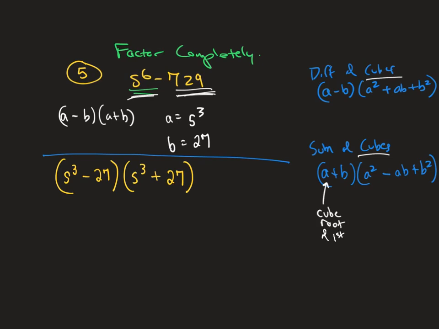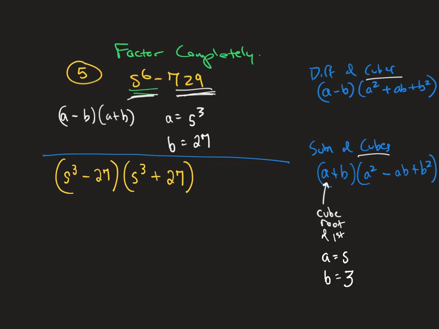So cube root of the first, the thing that you would multiply 3 times to make it, the cube root of s to the third is just s. And then b, the cube root of the 27. So we're saying what multiplies by itself 3 times to make 27, and that ends up being 3. You'll get familiar with these. The cube root of 8 is 2, cube root of 64 is 4, cube root of 27 is 3.